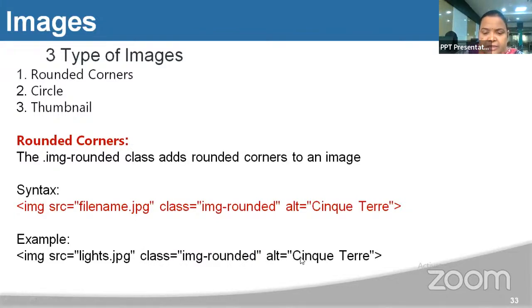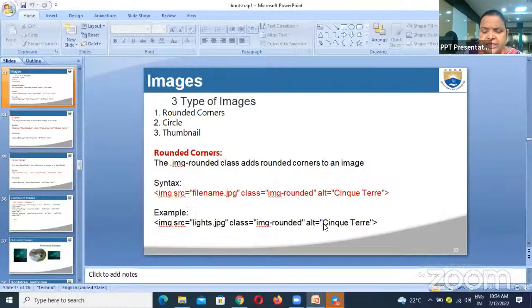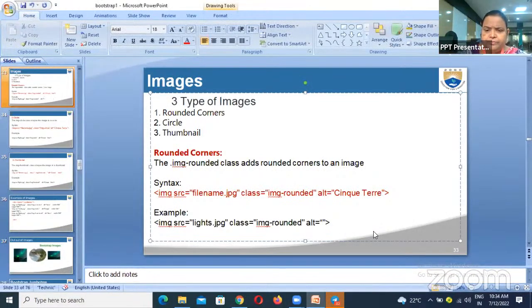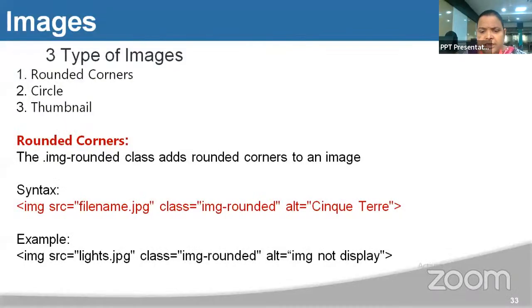And then here, if you want, you can change the alternative message, for example, image not displayed. You can write anything like this. This is so that if the image is not displayed properly, the alternative message is automatically displayed.